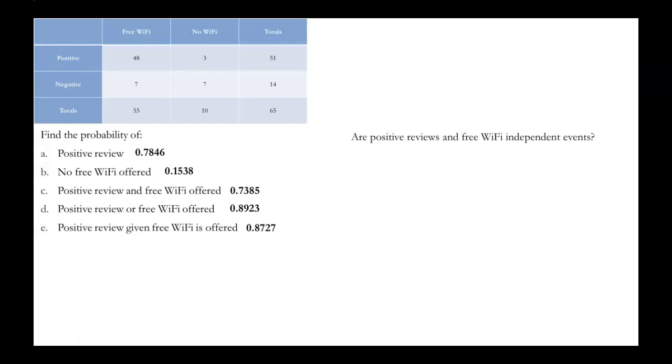So we found all of our probabilities. Now, the last part of this question was asking us, are positive reviews and free Wi-Fi independent events? And then it wants us to prove. Well, if the probability of A equals the probability of A given B, they're independent.